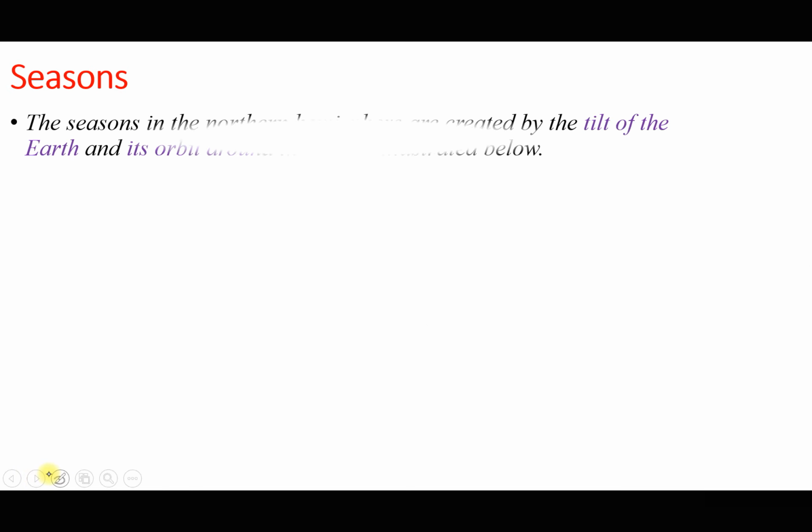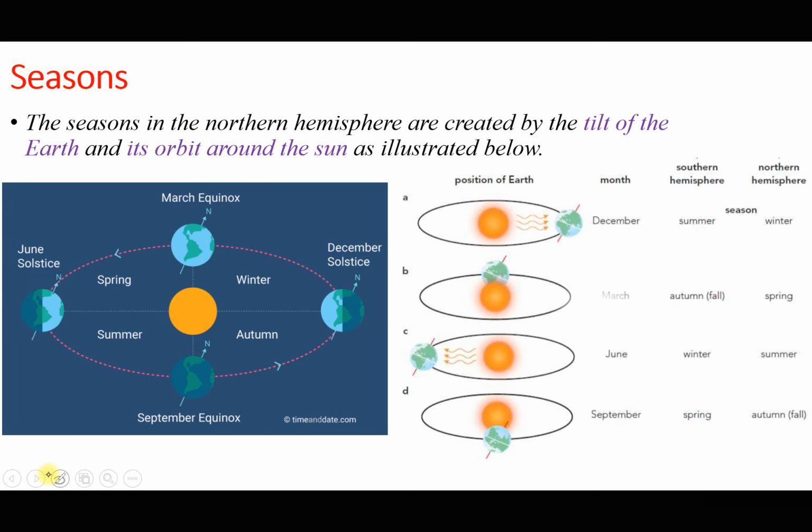I have just mentioned that the seasons in the northern hemisphere are created by the tilt of the Earth and its orbit around the Sun, as we have just illustrated. It is the tilt of the Earth and its orbit around the Sun which are responsible for the seasons.